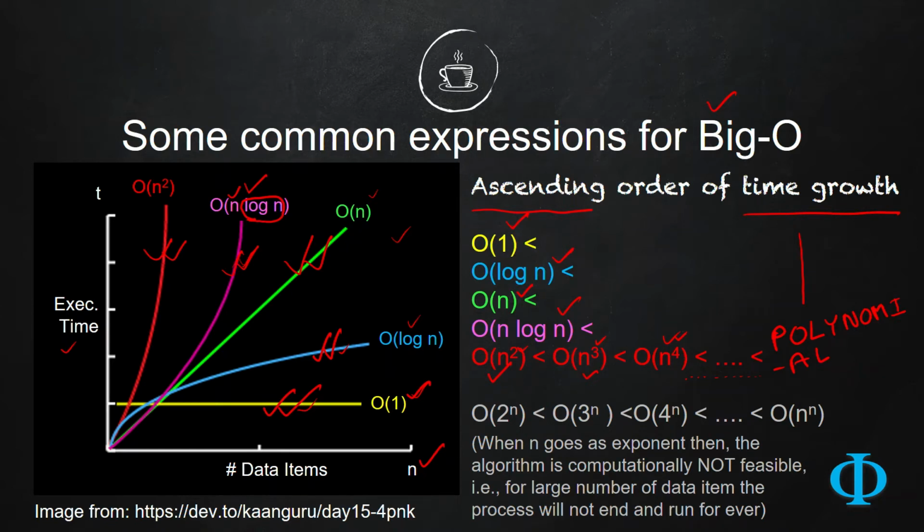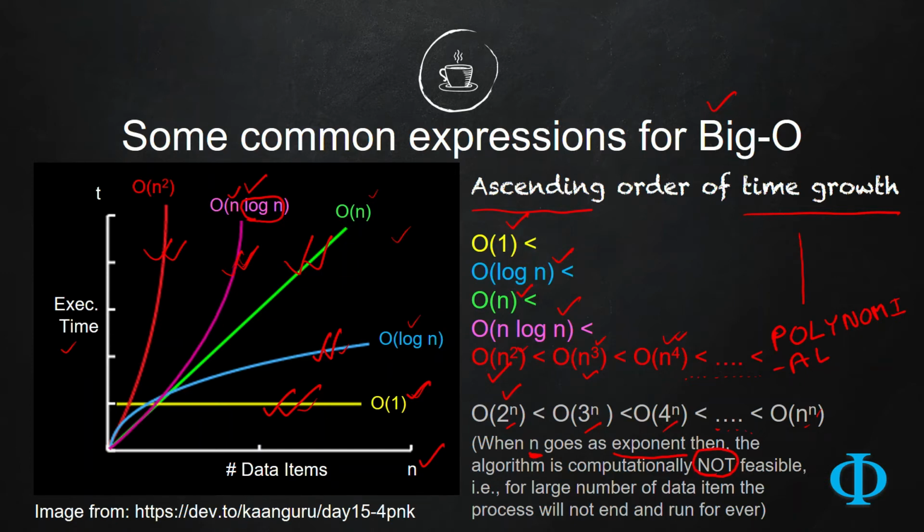But when n, the number of data items, goes into the exponent of the time complexity term, that is 2 raised to the power n, or 3 raised to the power n, or 4 raised to the power n, or n raised to the power n, whenever n goes as an exponent, the algorithm is considered computationally not feasible at all.